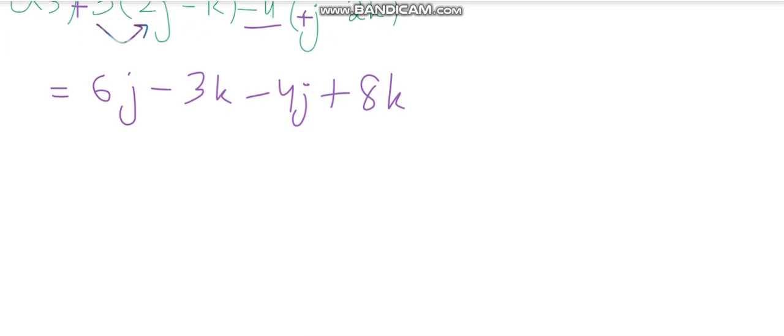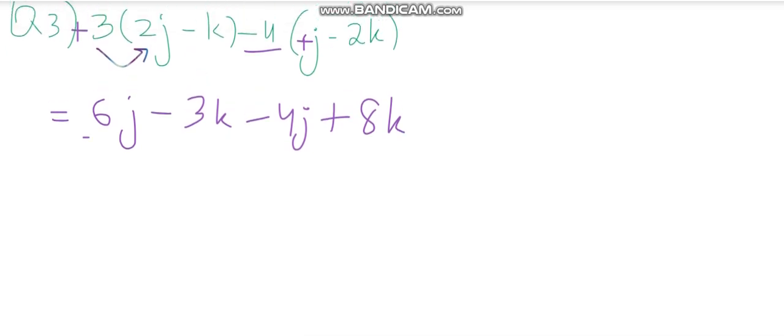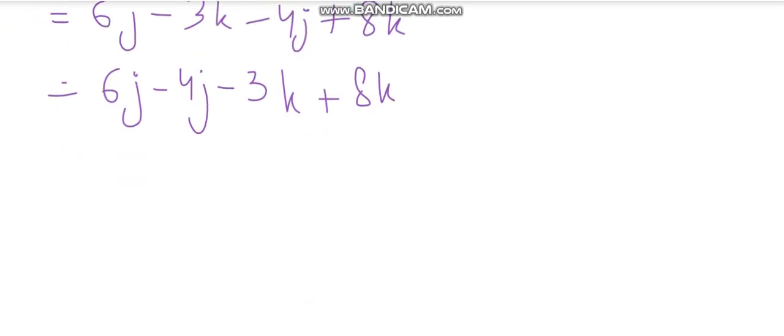Now, I'm going to rearrange such that the like terms, like 6j and minus 4j, are on the same side of the expression. So 6j minus 4j minus 3k plus 8k. 6 minus 4 gives us 2j, and we have different signs here.